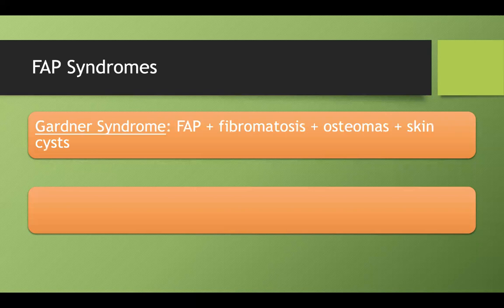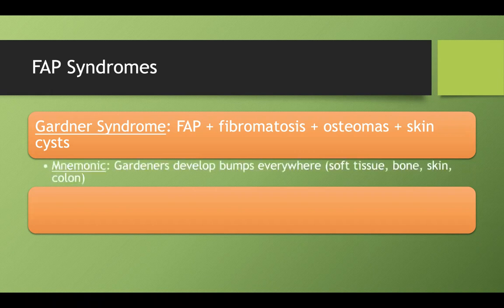There's something called Gardner syndrome, which is where you get FAP, and then you get fibromas, which are just balls of connective tissue. You can get osteomas, which are little balls of bone tissue, and you can get cysts on your skin. I like to remember this by thinking of gardeners getting down and dirty, working hard, and then ending up with all these sores on their hands.